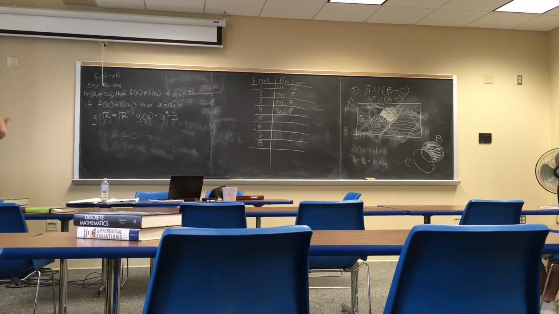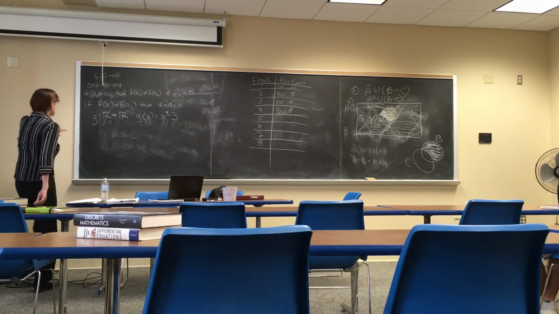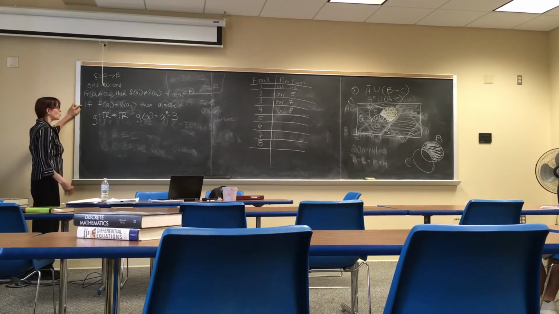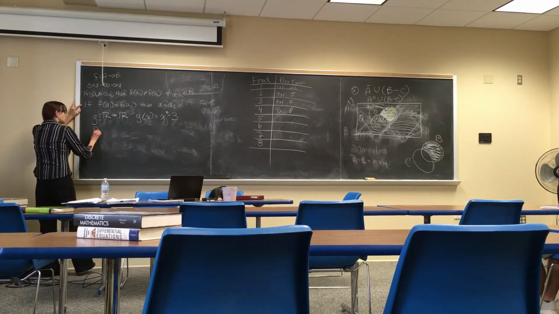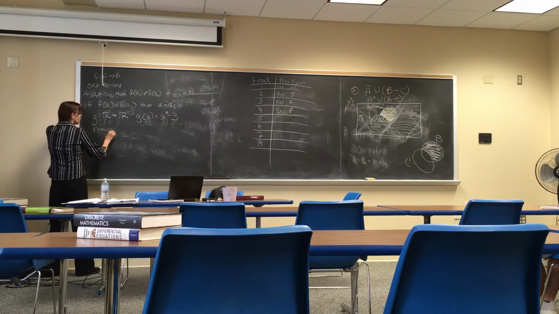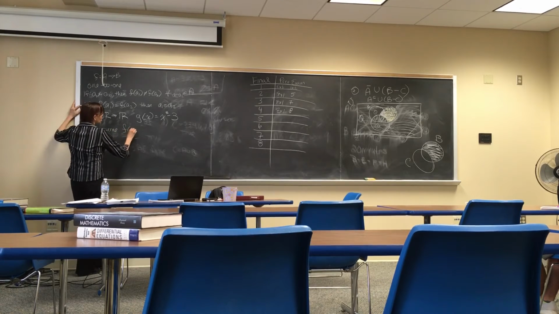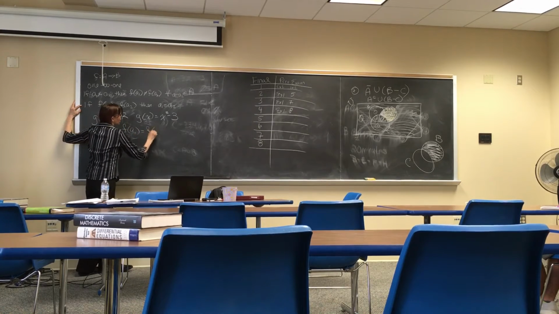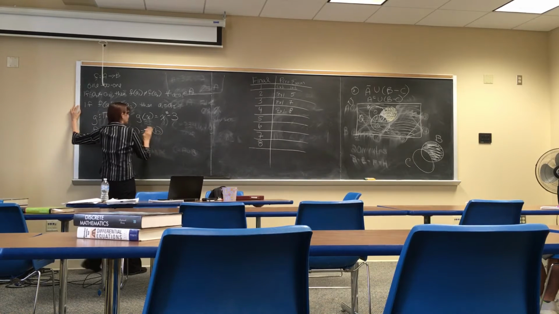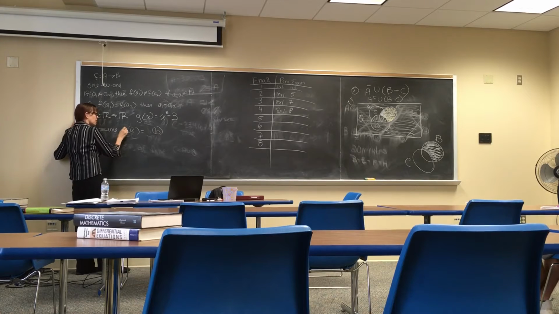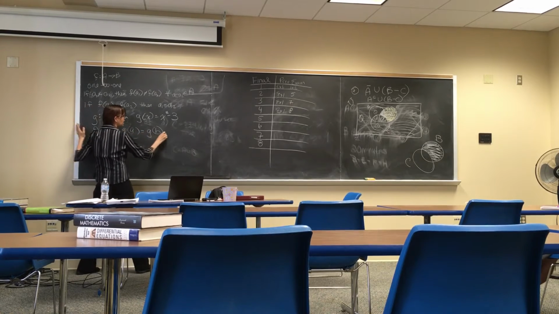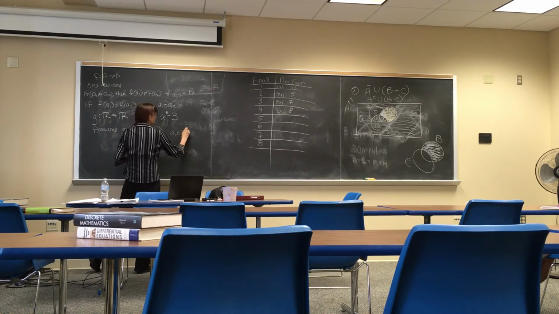So here's how we will show that it's one-to-one. The contrapositive is very easy to work with. So you would just say assume g of a equals g of b, and this is for a and b real numbers.